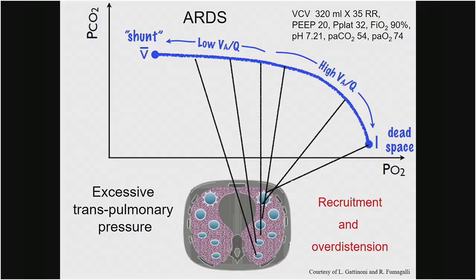If we exaggerate with the recruitment maneuver, or we increase the PEEP to an excessive level, so here you see in this condition we maintained the tidal volume as the original one, 320, and the PEEP was increased to 20, and the plateau pressure then increased to 32, okay? So this is an excessive recruitment, leading to some over-distension. You can see here there's no collapsed area in this lung, but there are areas of the lung, especially in the ventral zones, that are hyper-distended.